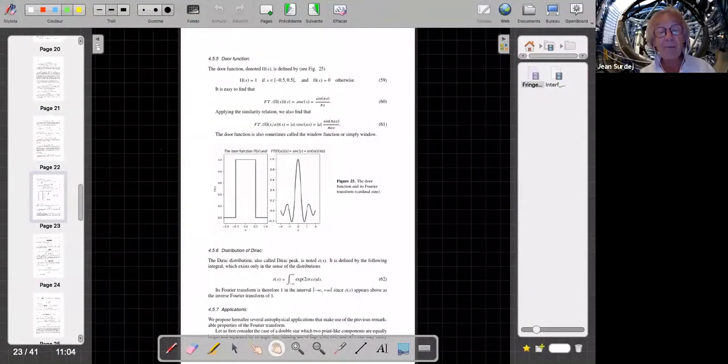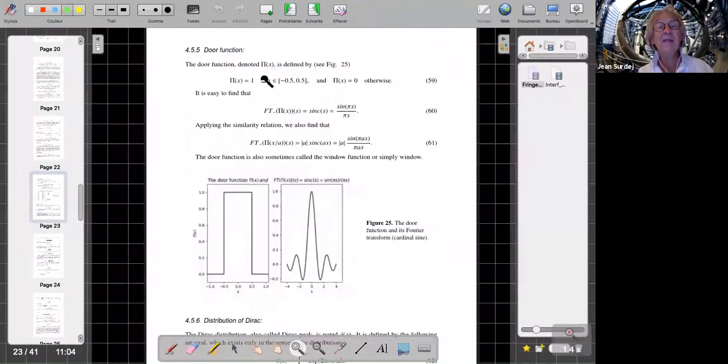Now, a very important result also is the following, and the demonstration is given in the YouTube presentation. It's the door function, or window function, it has many different names.